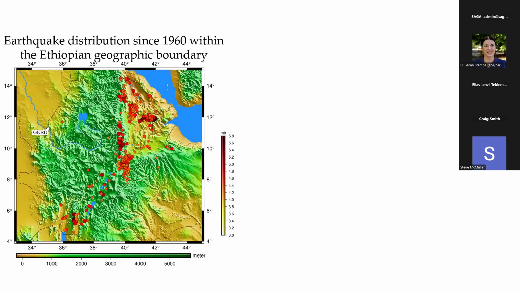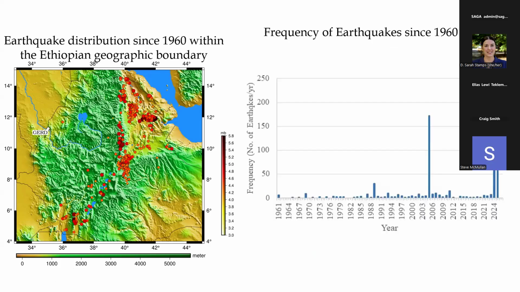And if we focus now within the Ethiopian geographic boundary, the frequency of earthquakes is some sort of episodic, concentrated in a few years. The number of earthquakes normally is not more than 10 to 20 per year.